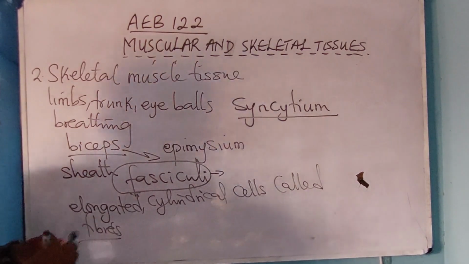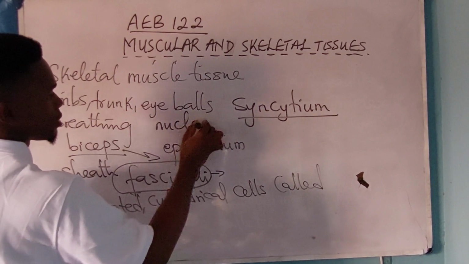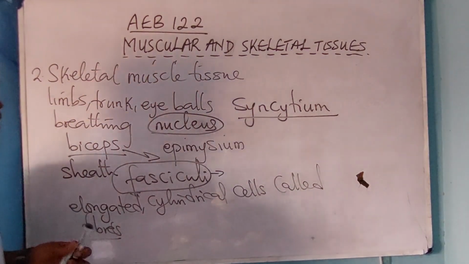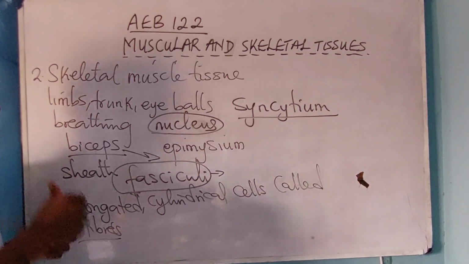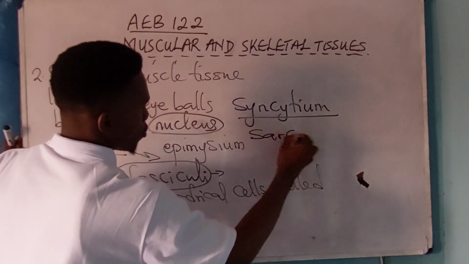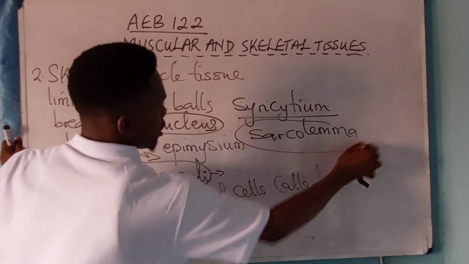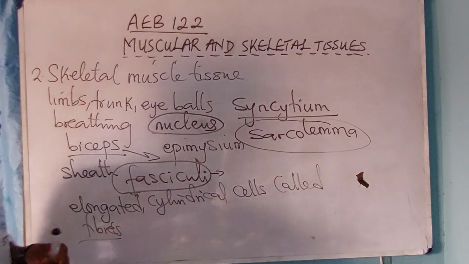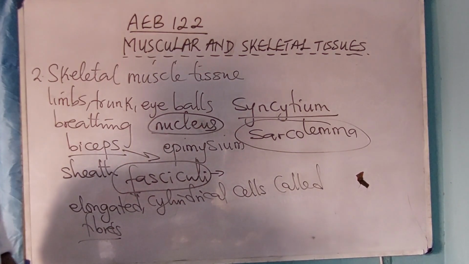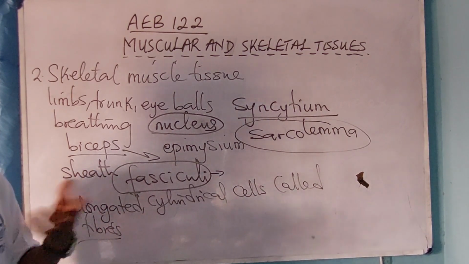Now this nucleus is found beneath the thin membrane of the skeletal muscle called what? Sarcolemma, all right? You know the sarcolemma is the membrane that surrounds what? The sarcoplasm. So please take note that the sarcoplasm is made up of a dark and light what? Stain, dark and light stain.